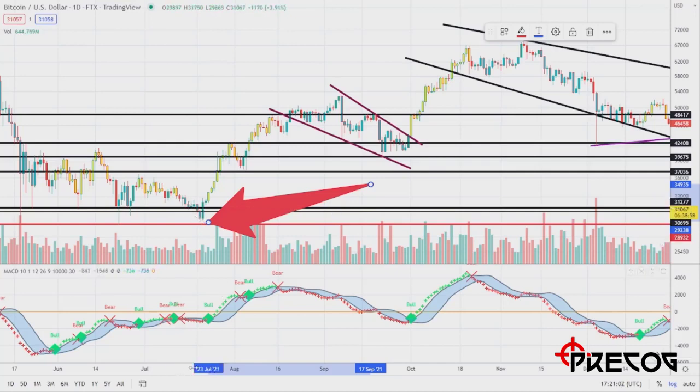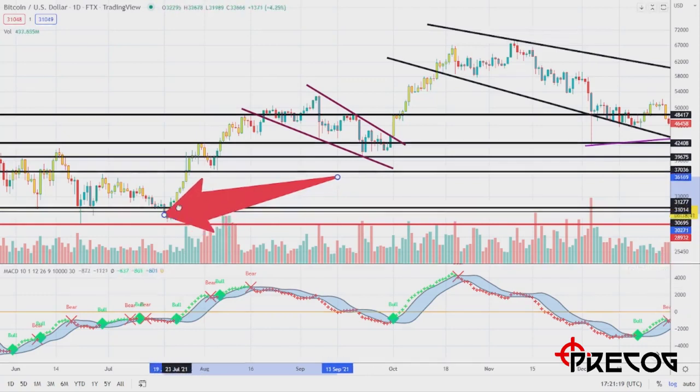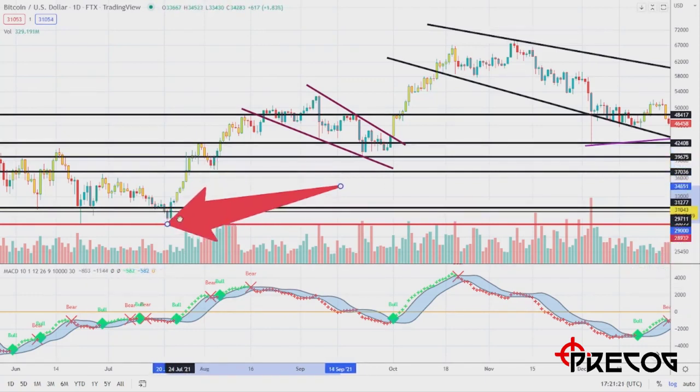You can see the red outline on those candles. But then all of a sudden, at the very bottom of our MACD, you get your bullish green diamond. Even though you get that diamond, you don't show the strength yet, but it's an indicator that bulls are taking over here.